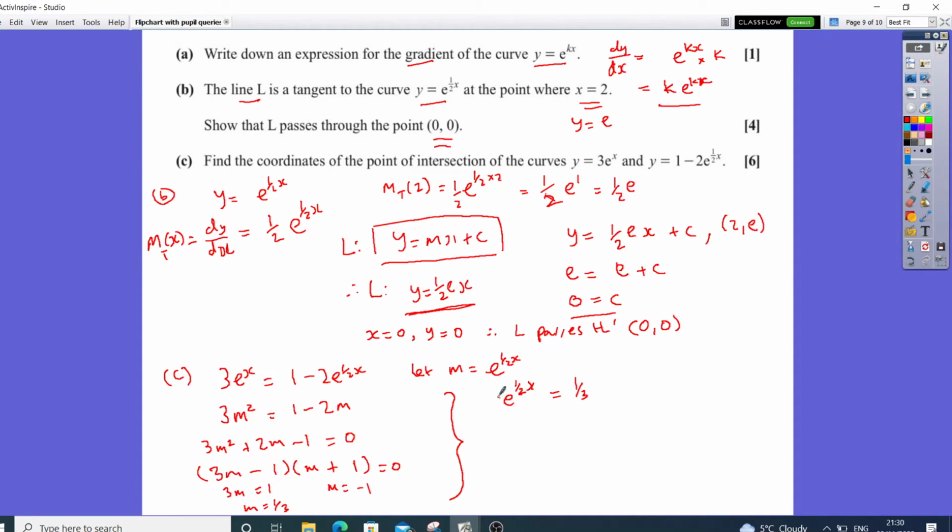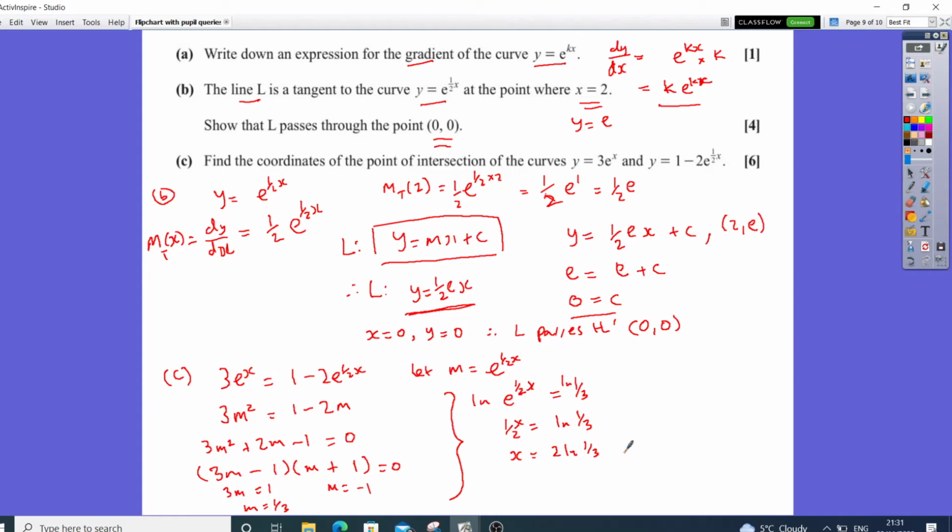So I'm going to natural log both sides, so ln here, ln here. So that cancels with the e, leaving me half x equals ln of 1/3. And I want the x, so this is being divided by 2, so times it by 2, so x equals 2 ln of 1/3.